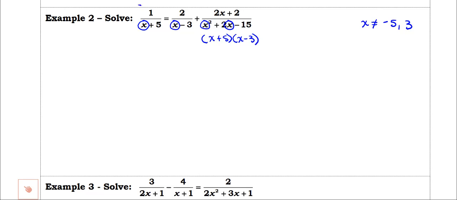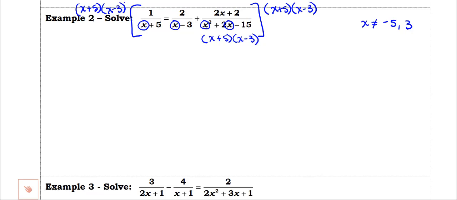Step 2. We have a fractional equation, but kind of don't like fractions, right? So we can clear the fractions by multiplying both sides by the common denominator. Because in algebra, we're always allowed to do the same thing to both sides, right?